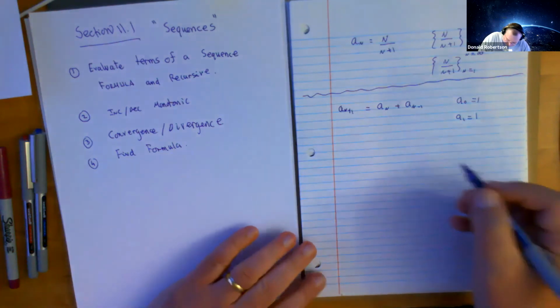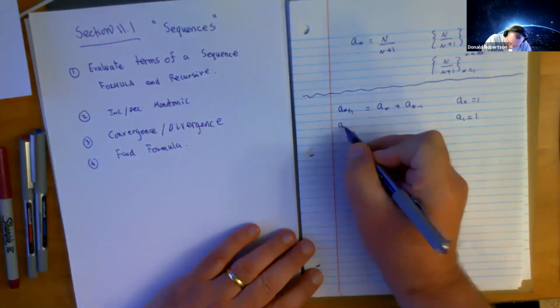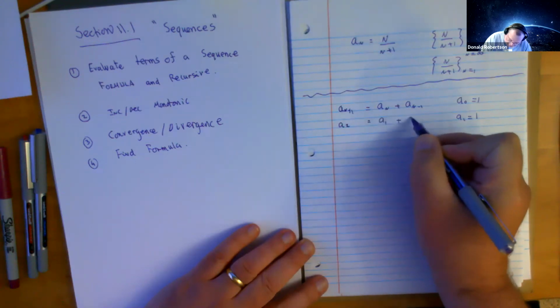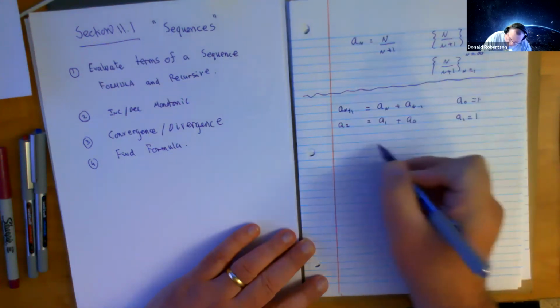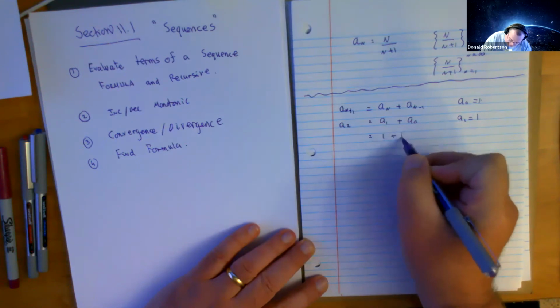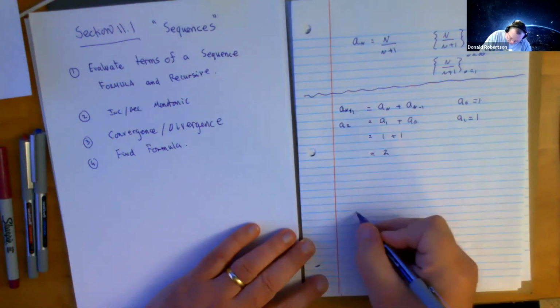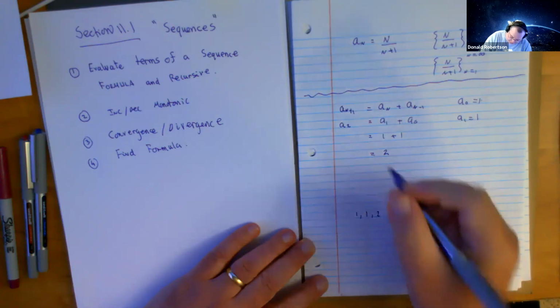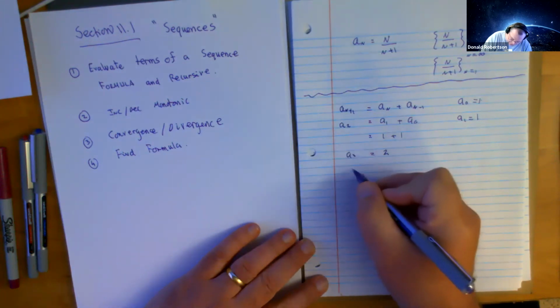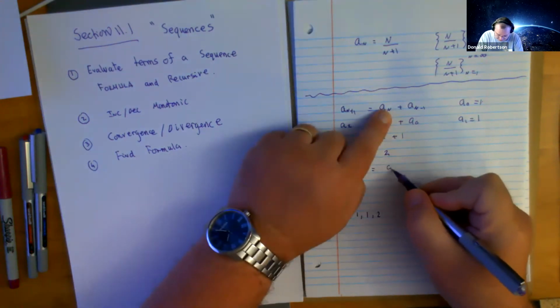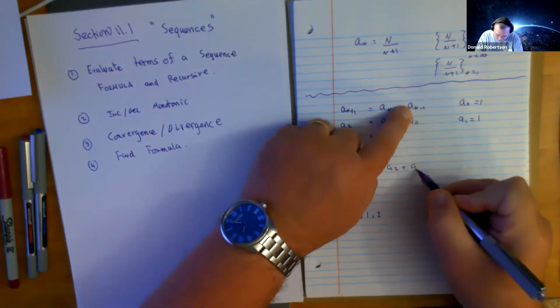So for instance, if I wanted to find A2, it would be A1 plus A0. So this would be 1 plus 1, which would be 2. So I think down here I'll write what these sequences are. Now if I want to get A3, it would be A2 plus A1.